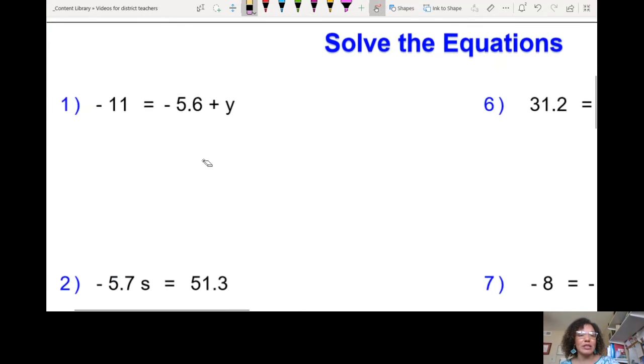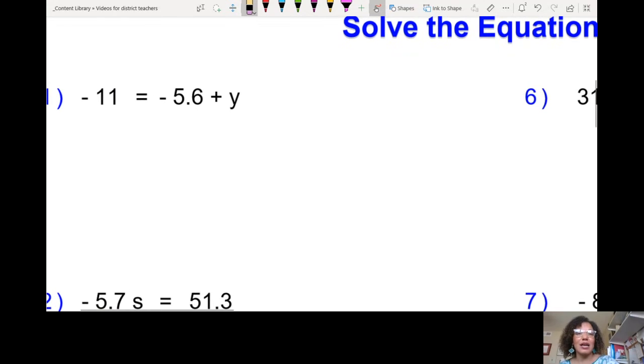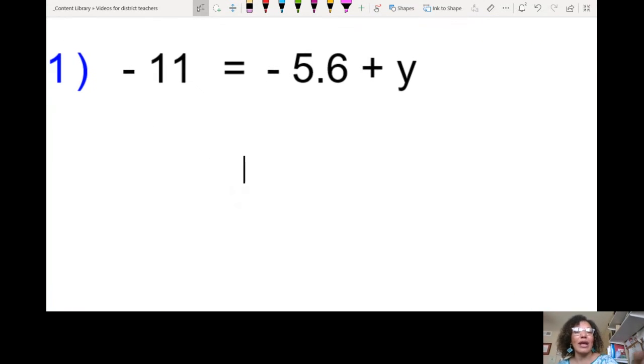So if I take my first one here, what I like to do is, it's an equation, and I know it's an equation because there's an equal sign. So whenever there's an equal sign there, we want to keep them balanced. So what I do to remind myself of that equal sign is I draw a line.